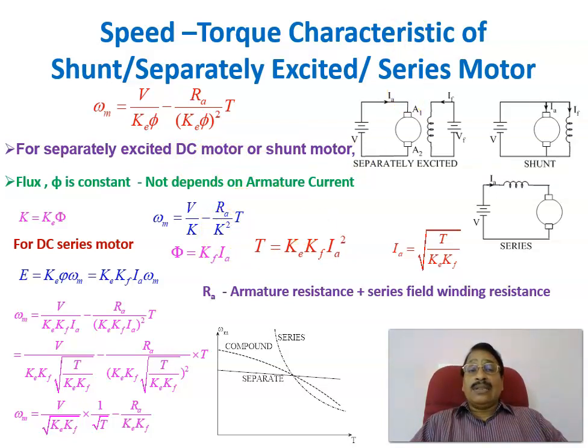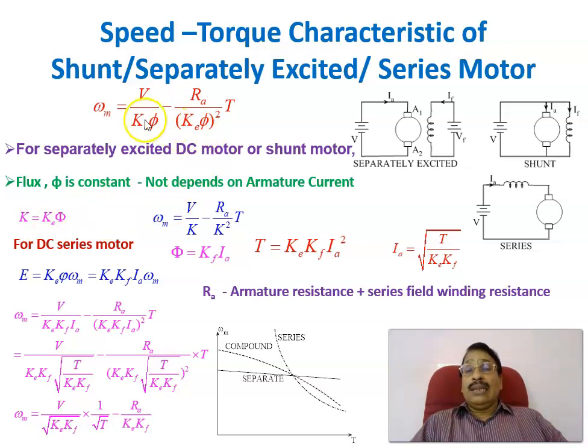Once the flux is constant, Ke into phi will be another constant, represented as capital K.